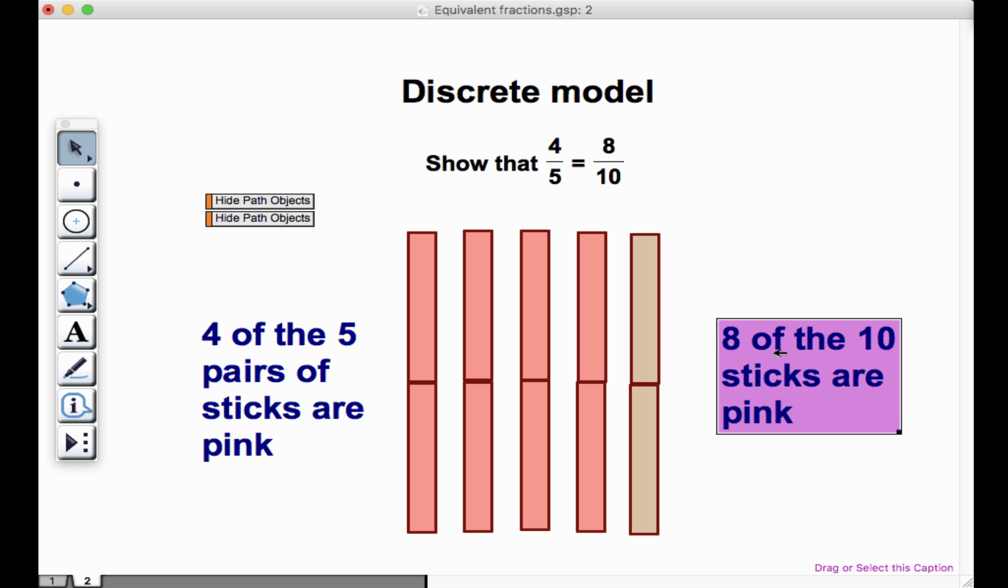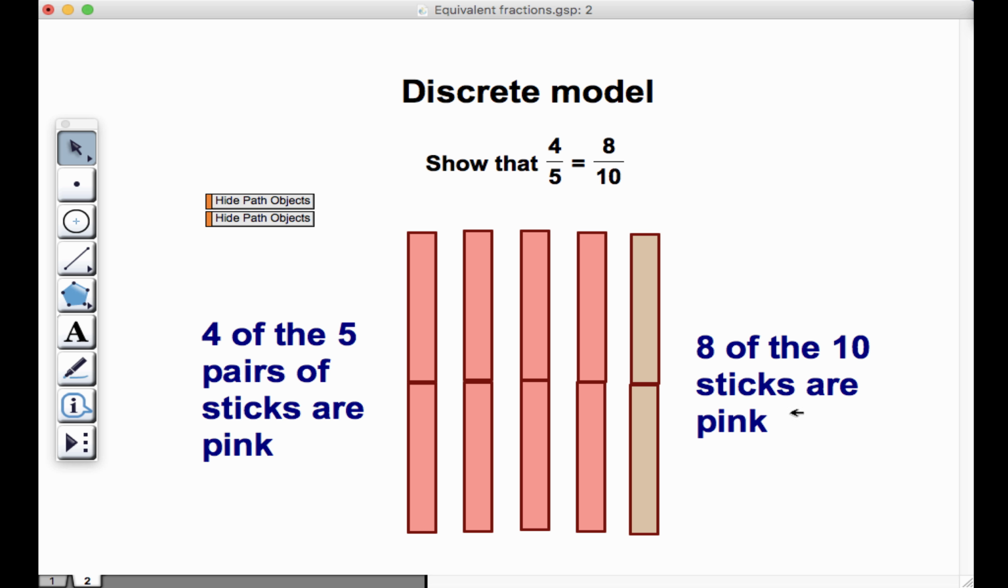So this is a picture of 8/10 in a discrete sense, 8 of the 10 individual popsicle sticks. And it's a picture of 4/5 in a discrete sense because I'm thinking about 4 of the 5 pairs of popsicle sticks. So in general, if you're going to use a discrete model, you may need to use more items.